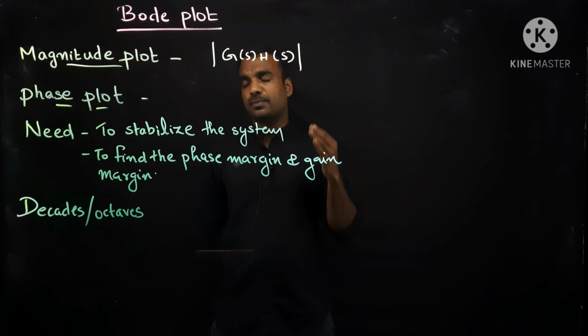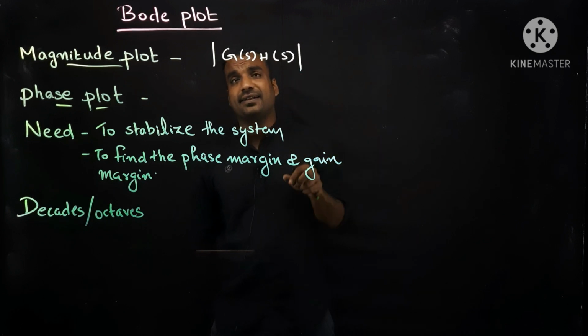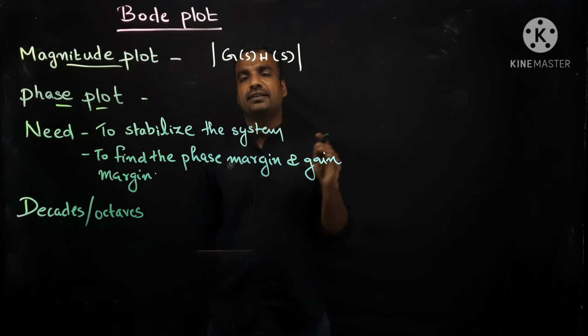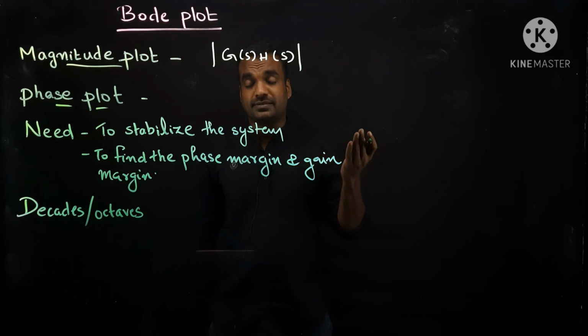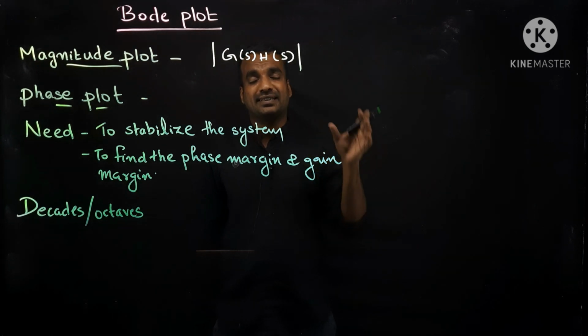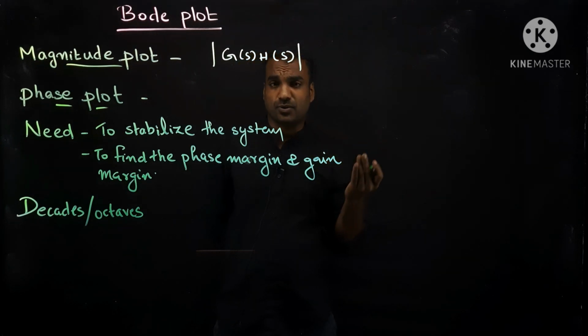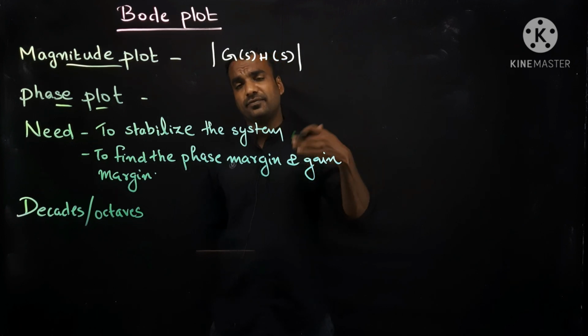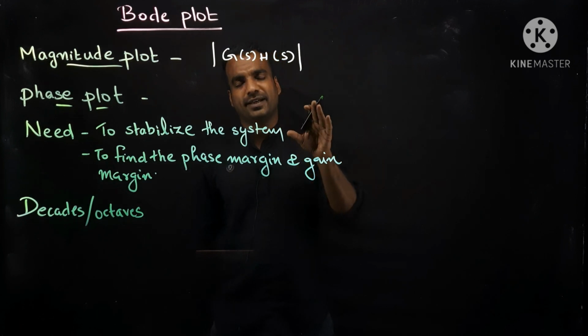I think you remember those lectures. Those elements are added only by checking the open loop transfer function, whether it is more stabilized or less stabilized. So we can add something else. Such adding is known as development of a controller. So here also we are considering the open loop system, and then we will do something to make it more stable.